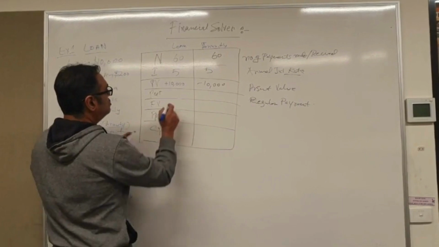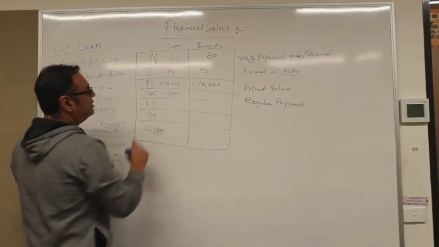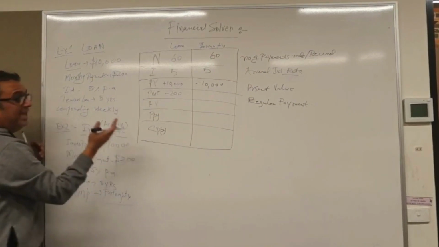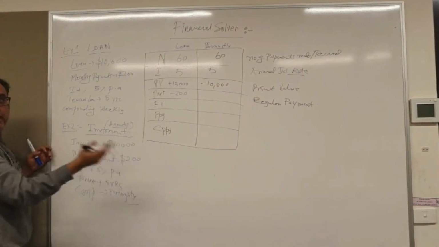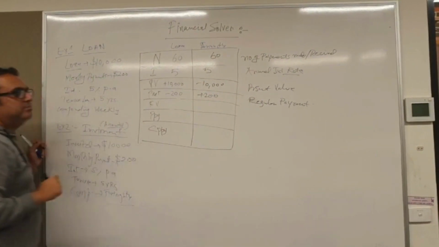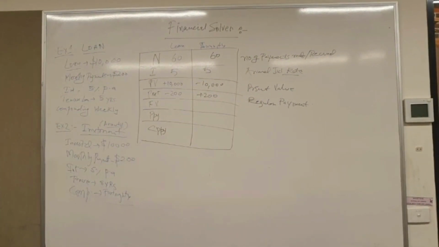So then for loans, it is minus 200. And even for annuity, the investment, banks are paying you. So it's positive 200. All good so far with me?